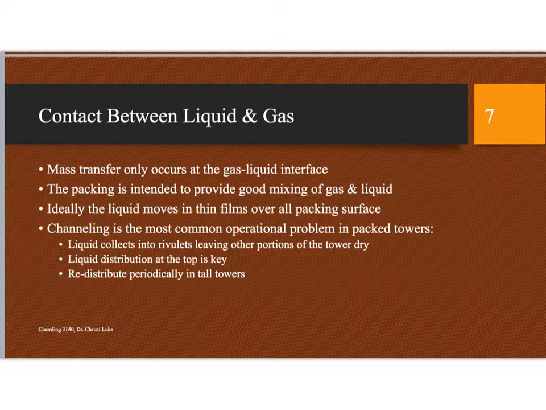And so the key to good design for preventing channeling will be liquid distribution at the top of the tower, and in a tall tower periodically redistributing the fluid, so collecting it and putting it back through your distribution technique again.